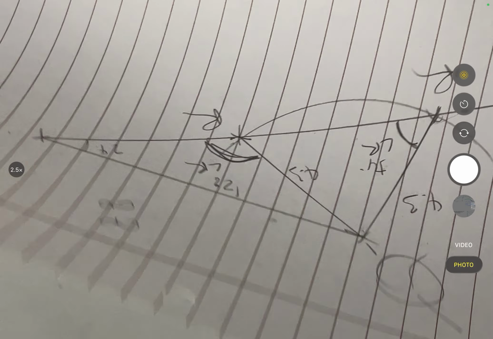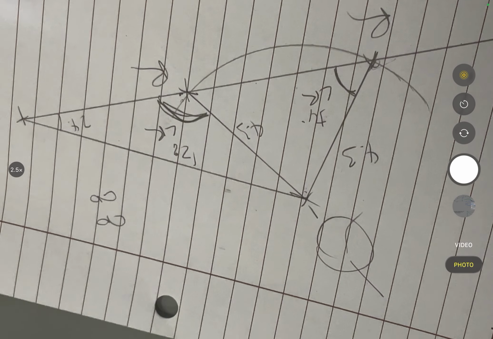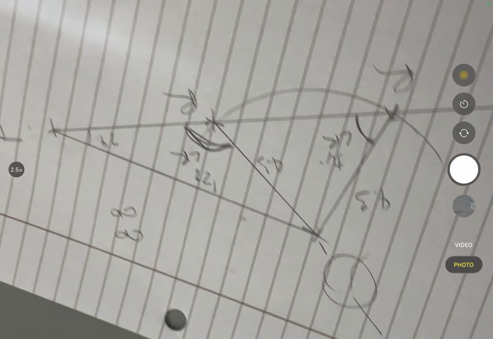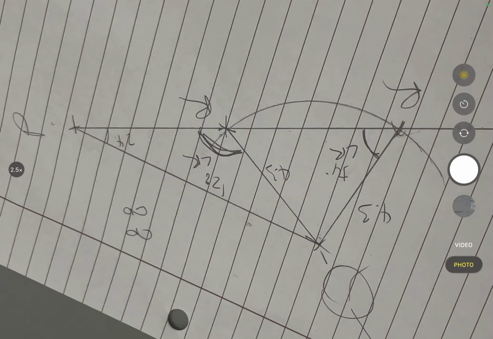So, there are two possible locations of R. So whenever we use sine rule, actually there is a possibility that you can have two possible answers.